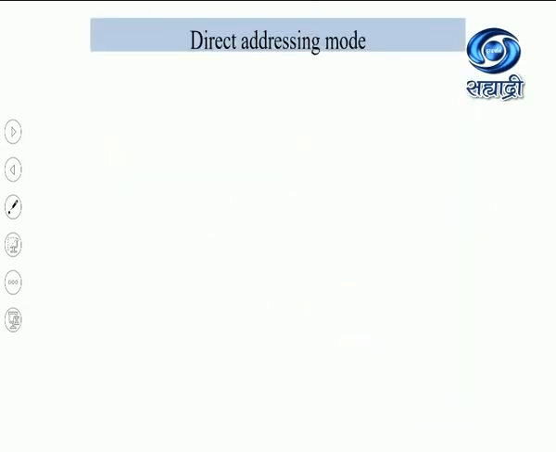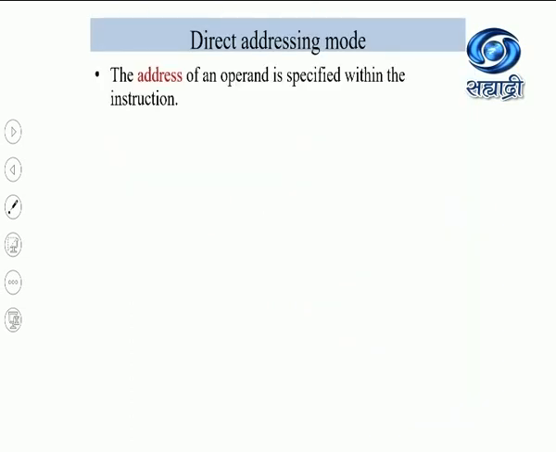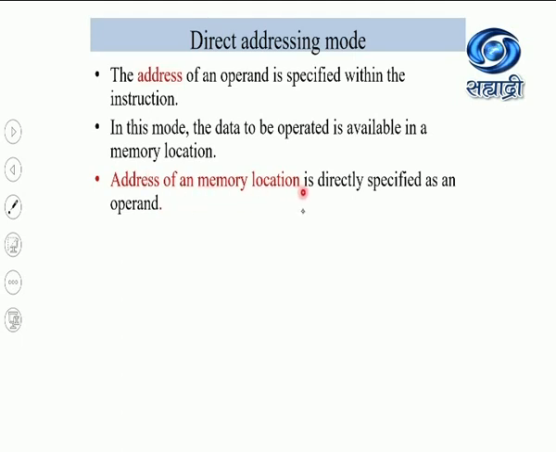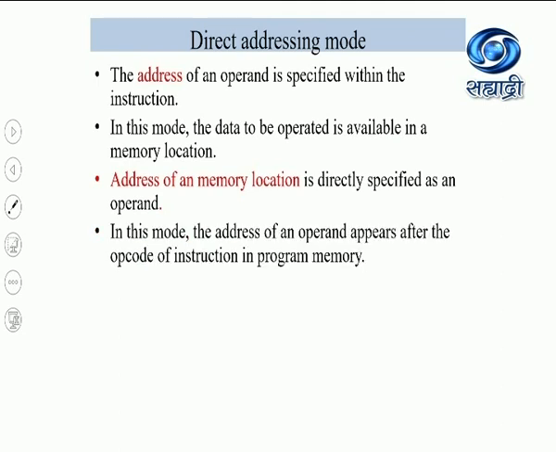Direct addressing mode. The address of an operand is specified within the instruction. In this mode, the data to be operated on is available in a memory location. The address of the memory location is directly specified as an operand. In this mode, the address of the operand appears after the opcode of an instruction in program memory.